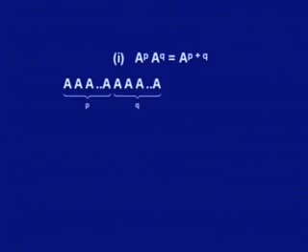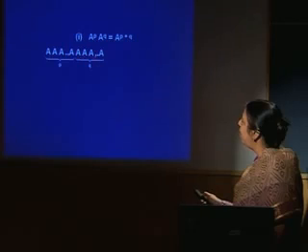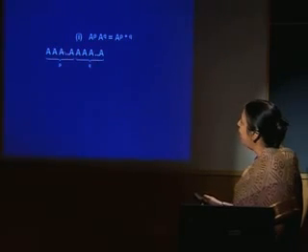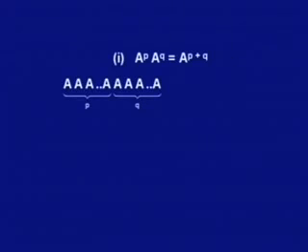The first expression A^p is A multiplied p times, and this is A^q, that is A multiplied q times. Now you can notice that the total number of A's is p plus q, and that is why we have A raised to power p plus q on the right hand side.